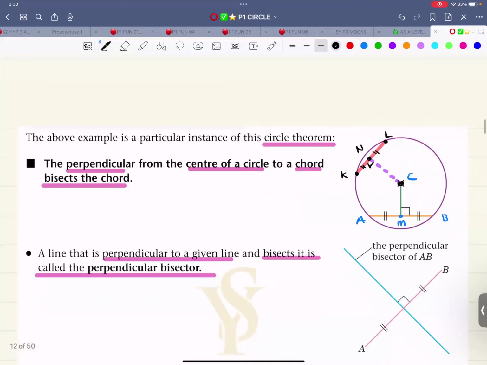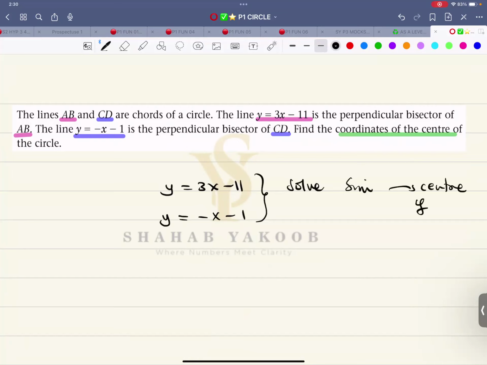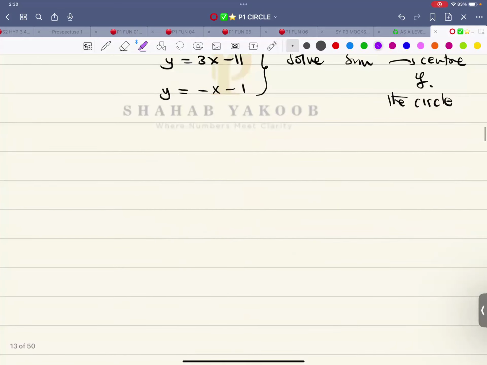All good, all clear? So basically, we have y is equal to 3x minus 11. We have y is equal to negative x minus 1. Solve simultaneously, and you will get the center of the circle. So let me write a statement over here, a big statement.